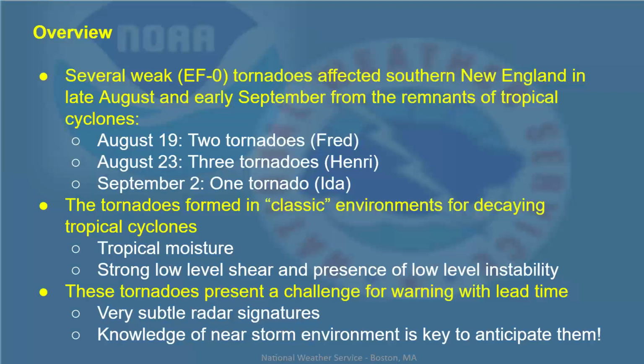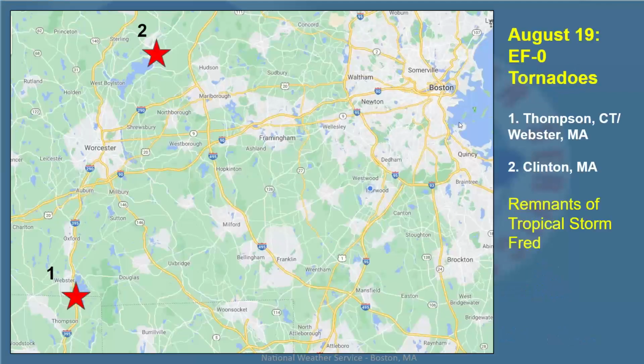If we know we've got a tropical remnant coming in, we know we have the moisture, a little bit of instability, and the wind shear, then we have to pay closer attention to the signatures on the radar. Even a weak signature can be indicative of a tornado. So again, probably the most difficult to warn on. The lead time is usually very short, but we'll show you some examples tonight.